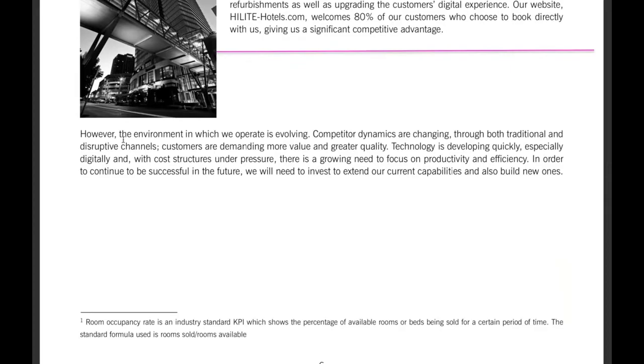So what else did it mention here? However, the environment in which we operate is evolving. Competitor dynamics are changing. Through both traditional and disruptive channels, customers are demanding more value and quality.